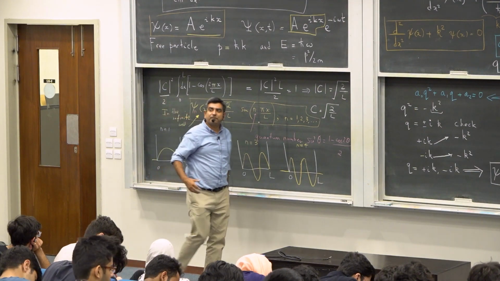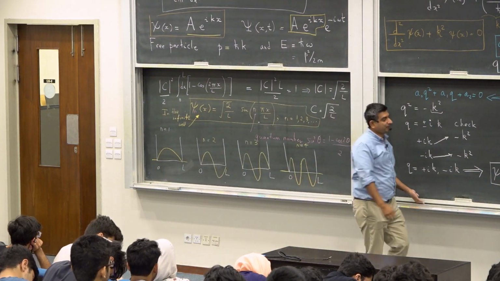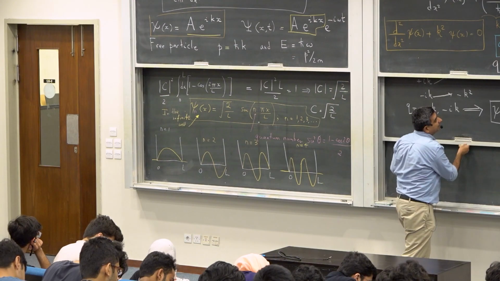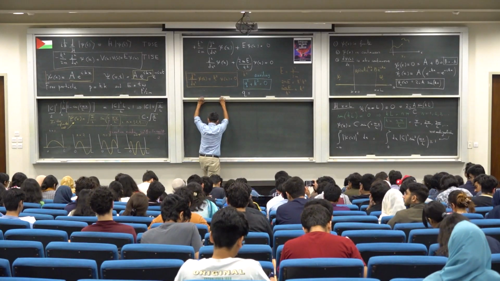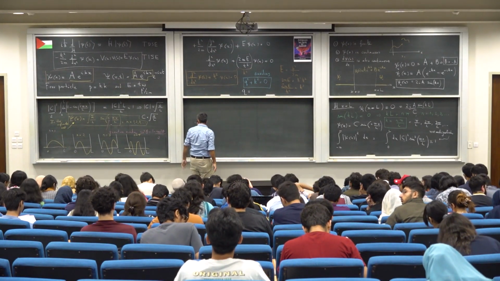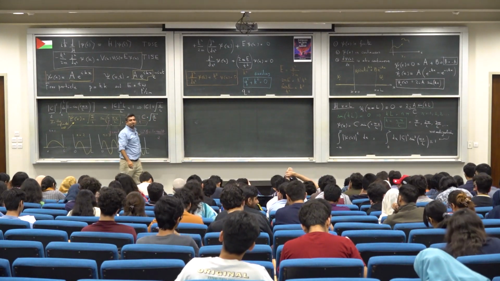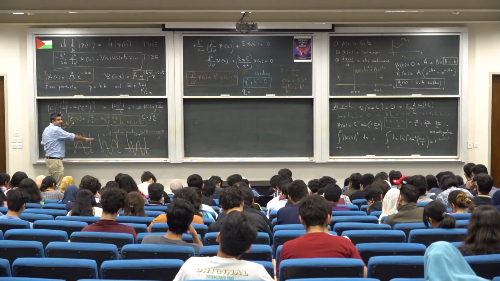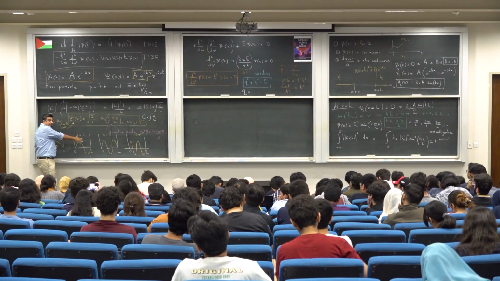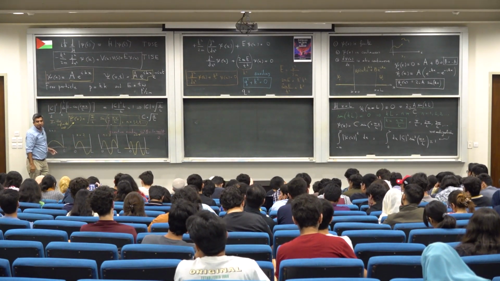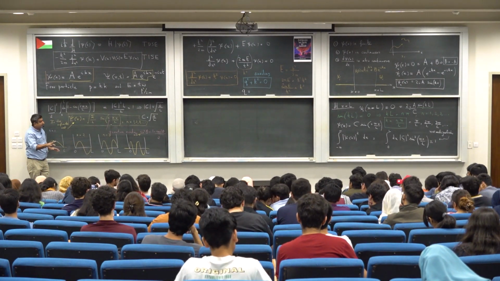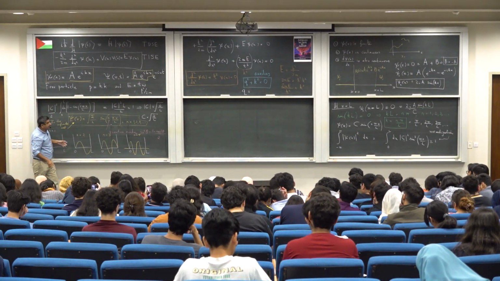Now let's kind of unravel the physics of this. First of all, different n's give you different wave functions. Now the wave function can be real or complex.